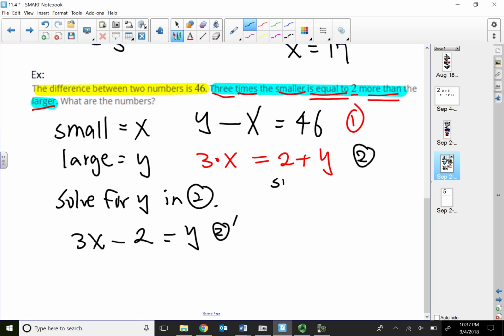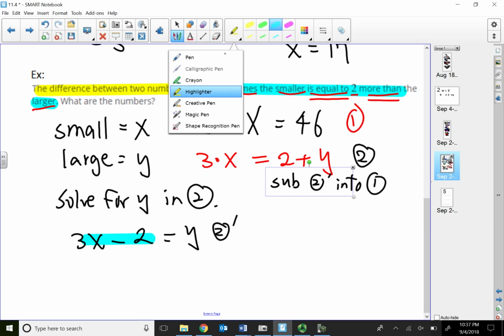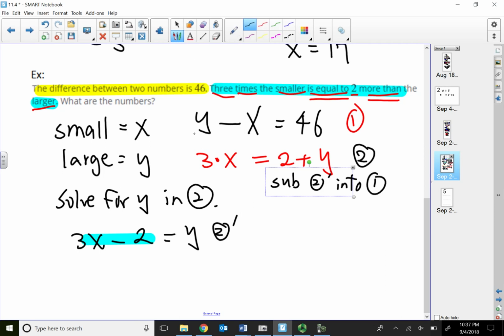Now I'm going to substitute second equation prime into the first equation. The first equation normally says y minus x. Now I'm replacing this y with 3x minus 2. This is just a positive 1y, and when I'm replacing a variable that has a coefficient of positive 1, I don't have to write anything special in that spot.